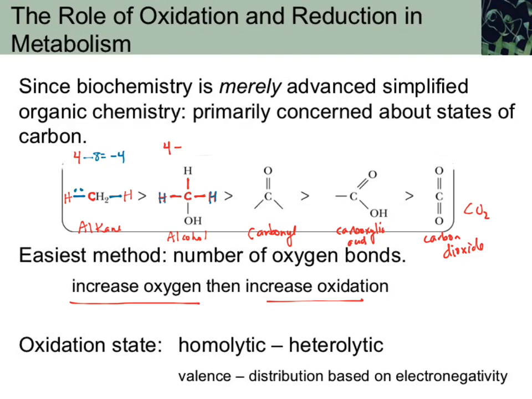It owns the electrons bound out to the hydrogen. Why does it not own those purple electrons to the oxygen? Oxygen's more electronegative. So I end up doing my calculation, and I get 4 minus 6. The oxidation state is -2. Going from a -4 to a -2, what happened?